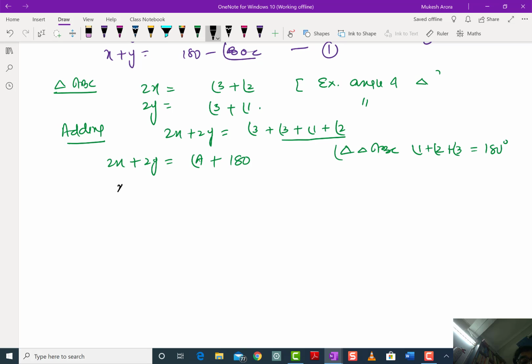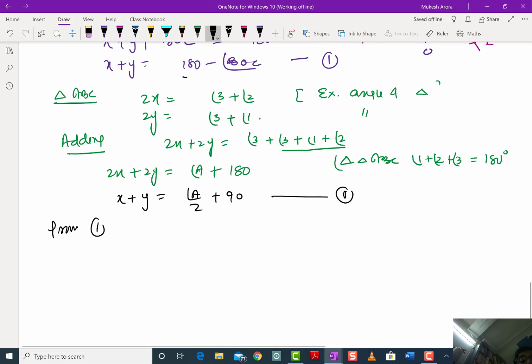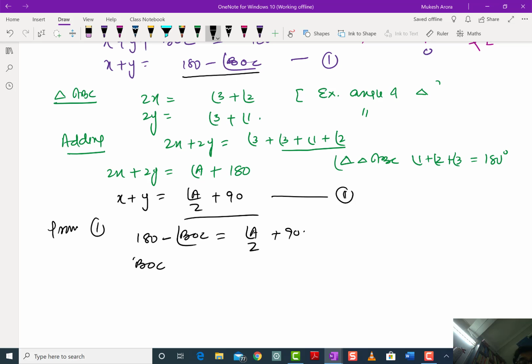Now x plus y, dividing by 2, is half of angle A plus 90. From 1 and 2, we can write 180 minus BOC is equal to half of angle A plus 90. So BOC is 180 minus half of angle A minus 90. So BOC is equal to 90 minus half of angle A.